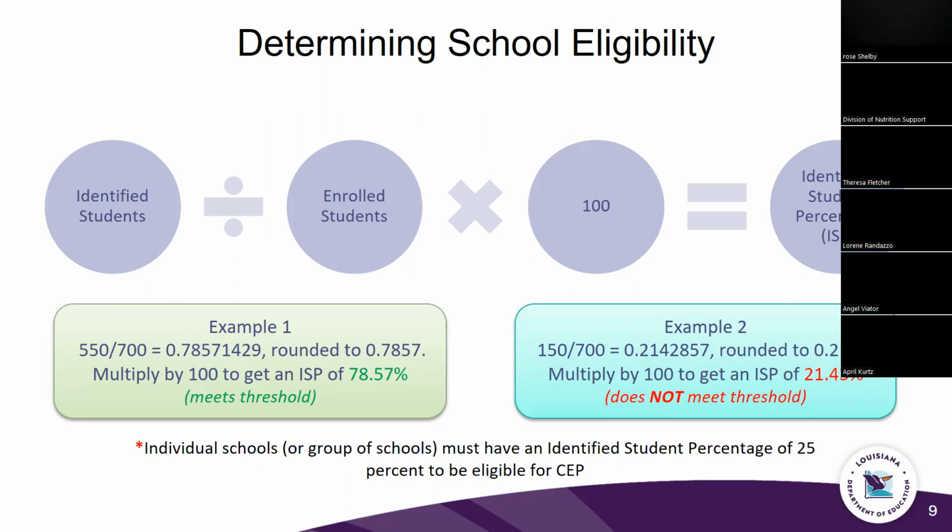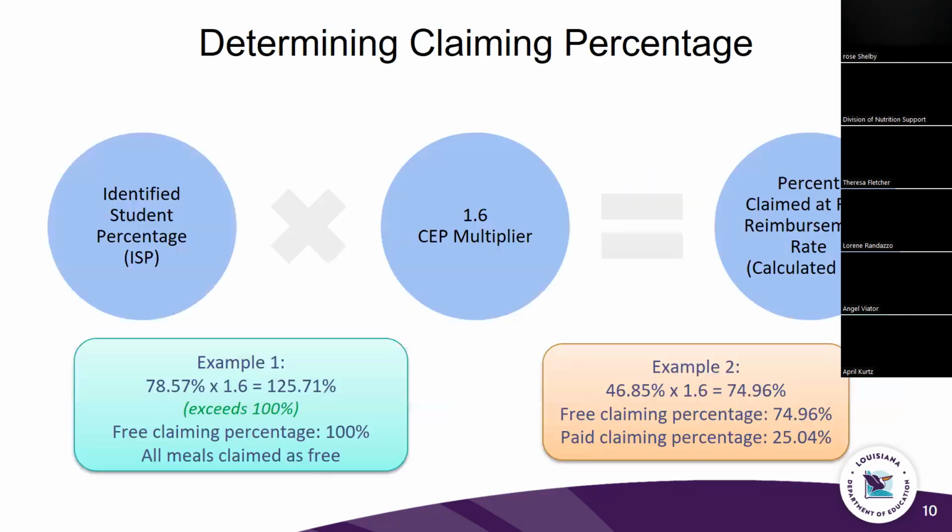And you get a decimal, and then you multiply that by 100, and that gives you the identified student percentage. The identified student percentage should be multiplied by 1.6. And this is how you get the claiming percentage. So that's the percent that you'll be claiming.